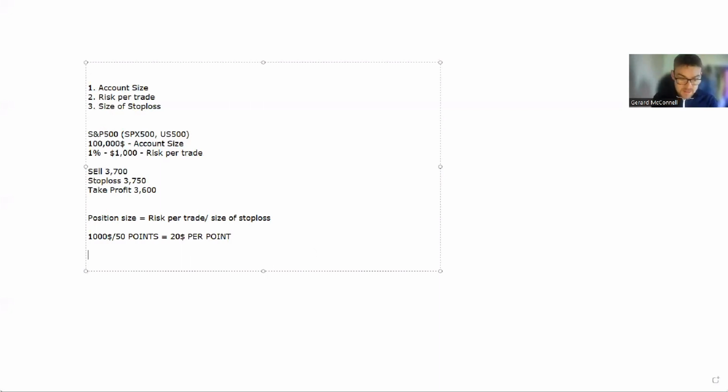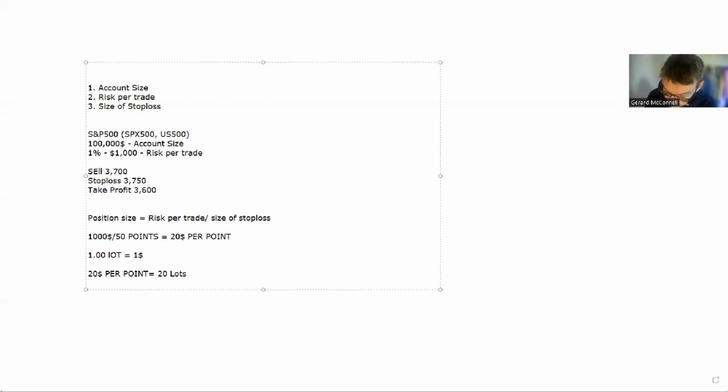That basically means one lot is equal to $1. So for every point of movement, a one lot position is either $1 higher or $1 lower in your P&L. If we're risking $20 per point, then we know that equals 20 lots. Very simple calculation.